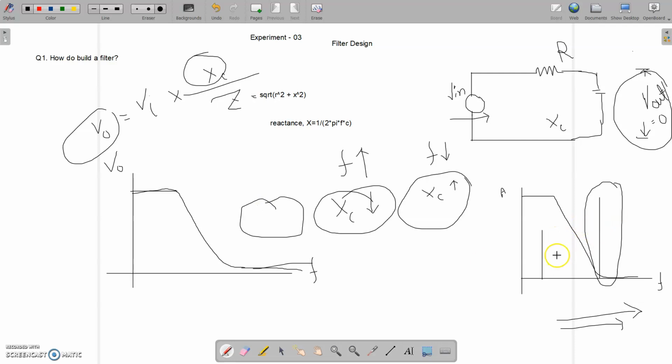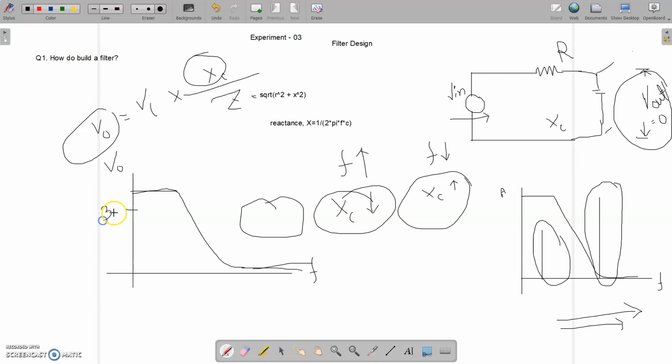I only have this portion, so I have a low pass filter. So a low pass filter can be designed by a very simple RC circuit, where we take the output from the capacitor side, from the terminal of the capacitor.